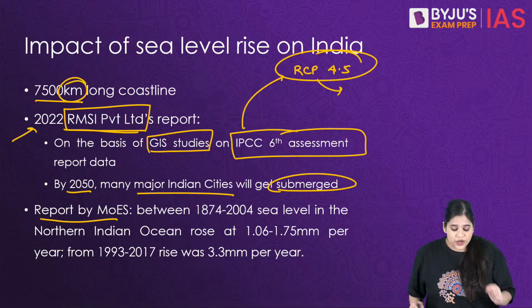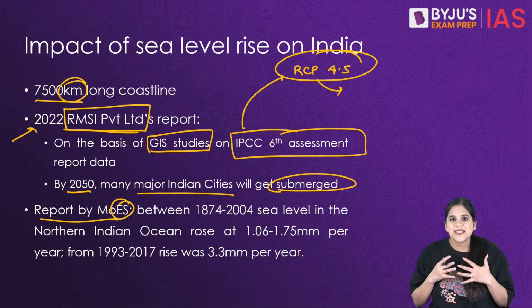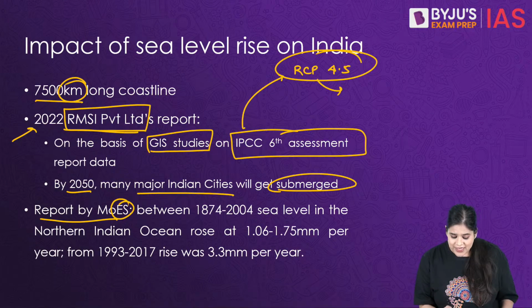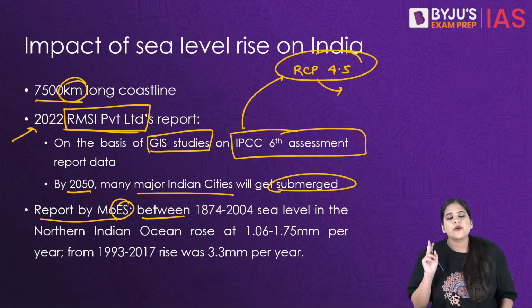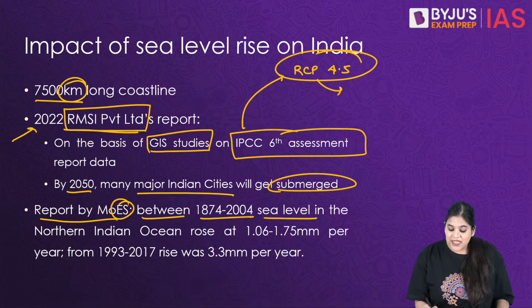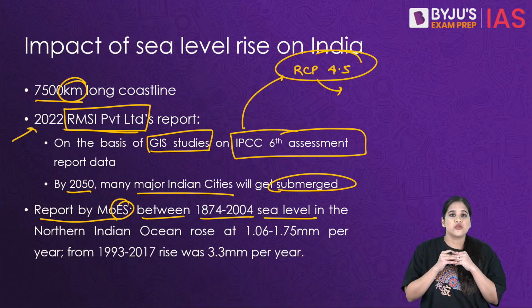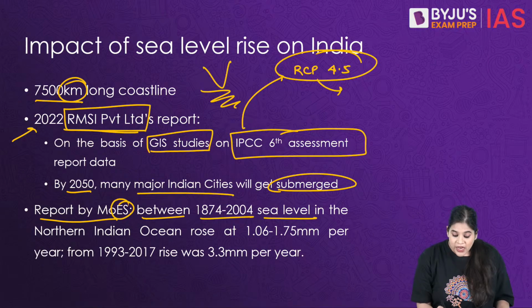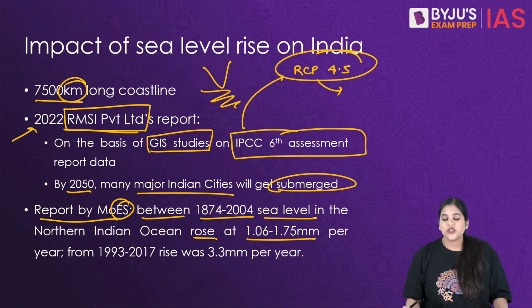Also, the Ministry of Earth Sciences conducted various studies on the same aspect, and they said that between 1874 to 2004, the sea level in the northern Indian Ocean, which is at a peninsular location, rose at 1.06 to 1.75 mm.